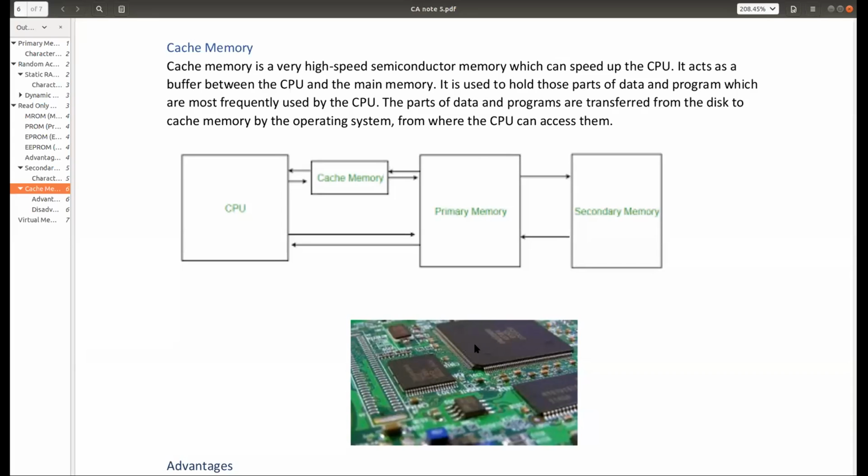There are several kinds of cache memory, L1 cache, L2 cache, like that. Layer 1 cache, layer 2 cache we call it. Some caches are built into the CPU, and some are on the motherboard also. But the basic characteristics and working procedure of the cache memory is shown in this diagram and whatever I have told you. Okay. I hope you have understood.